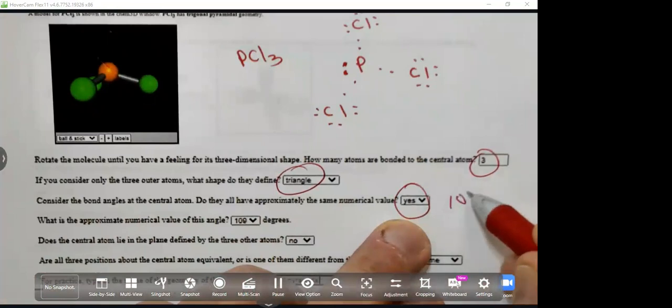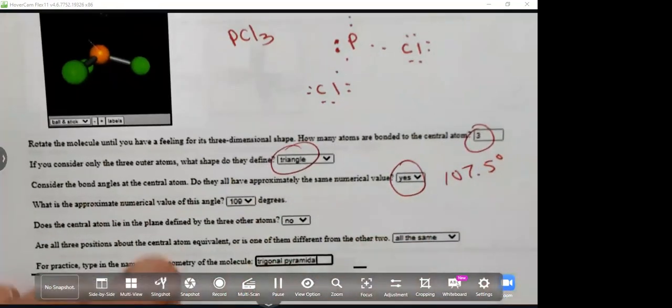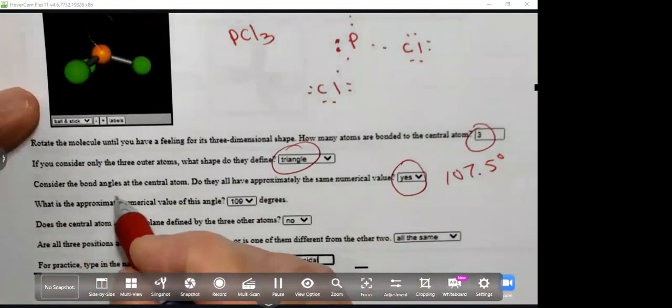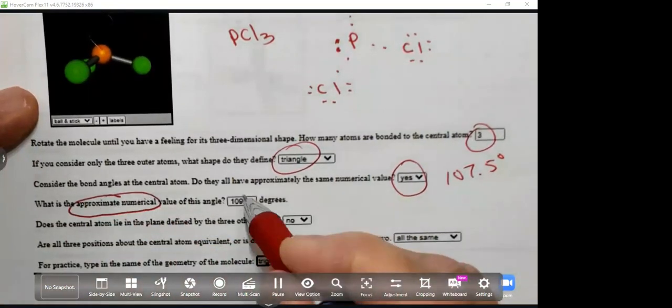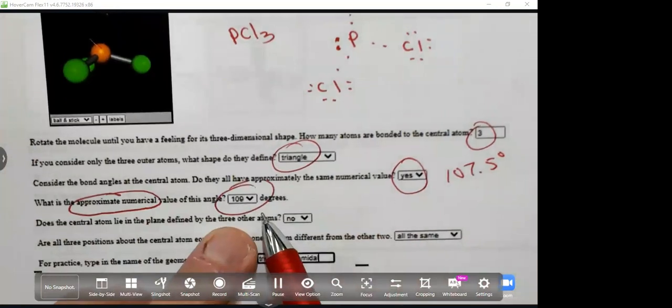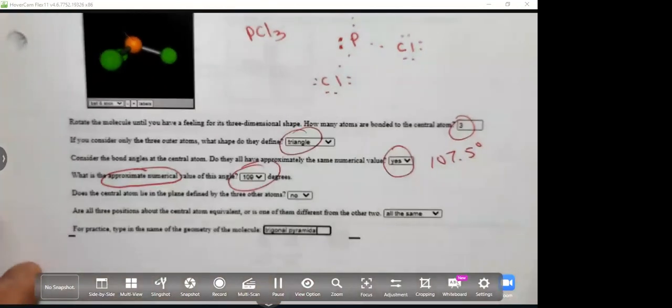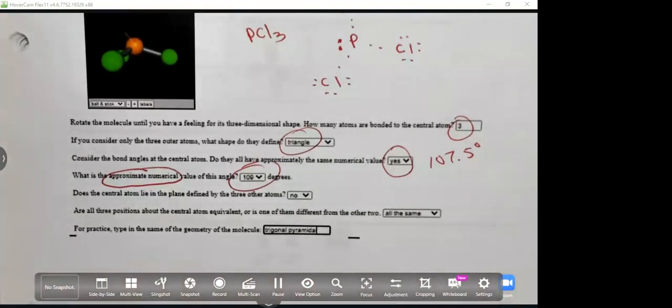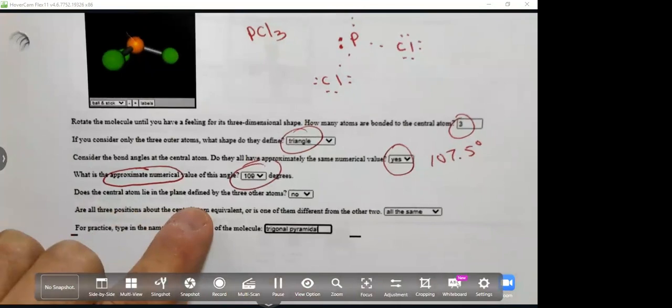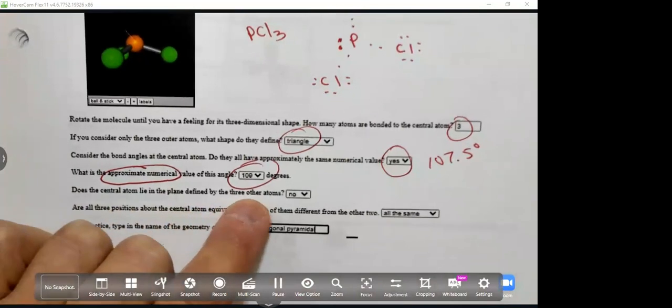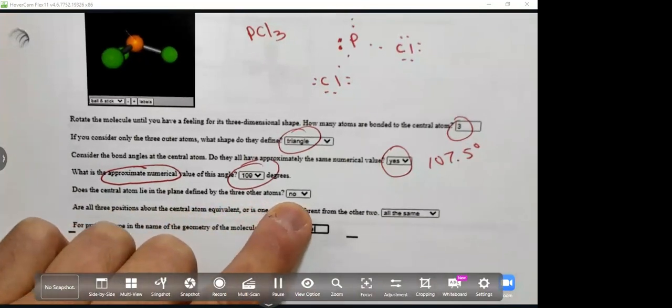Yes, they're going to be about 107.5 degrees. Or what approximate value? The only choice you can get close to the 107.5 is 109. Again, the word approximate.